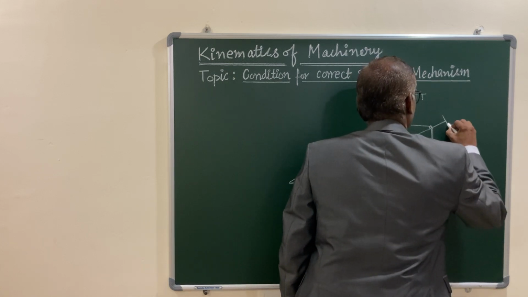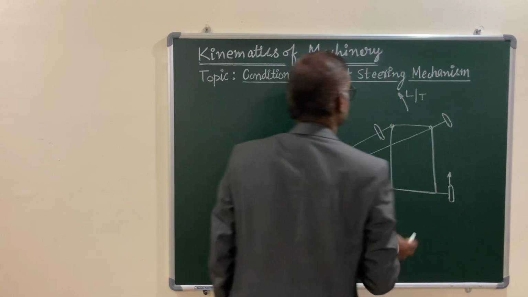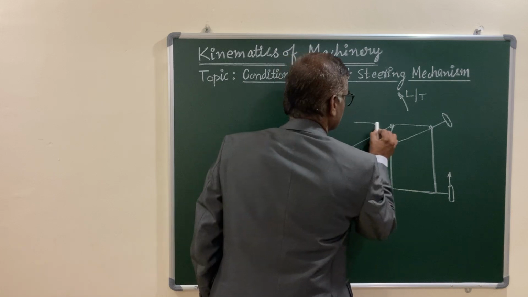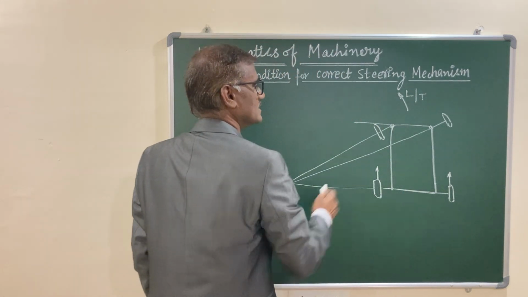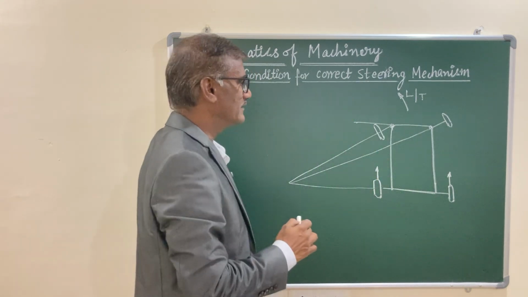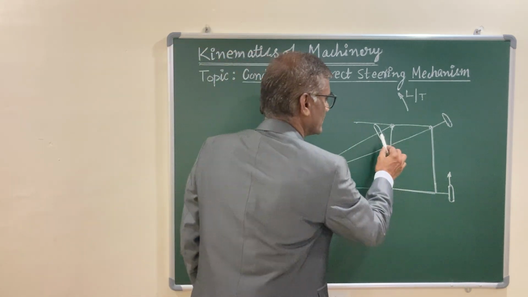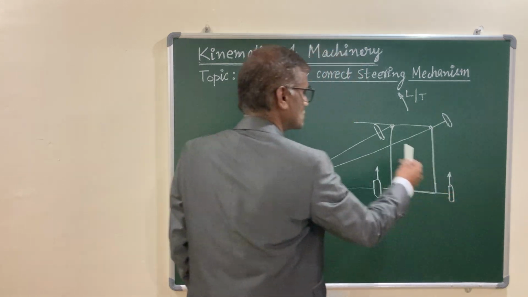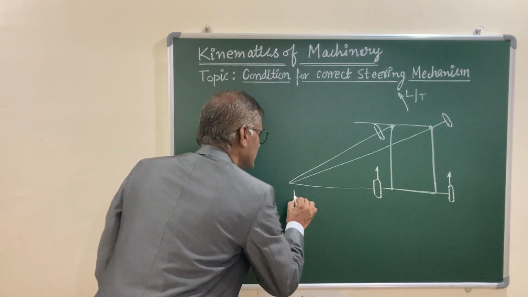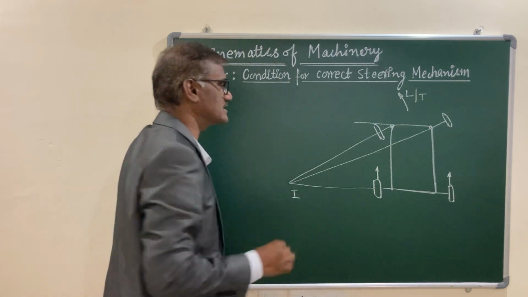On this you have the outer turning wheel. Let us observe carefully. Here you are negotiating a left turn. So in order to have a left turn, all these four wheels, two inner wheels and two outer wheels, must rotate about a single instantaneous center of rotation, that is I.